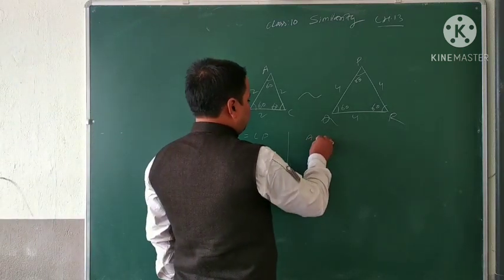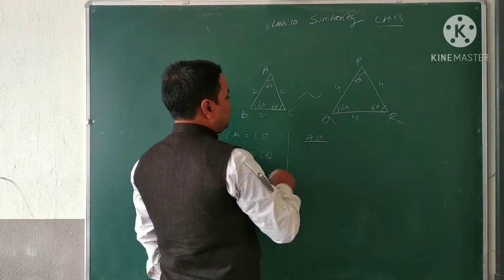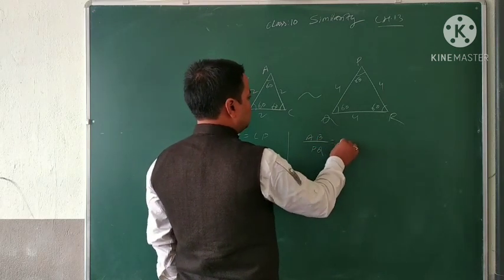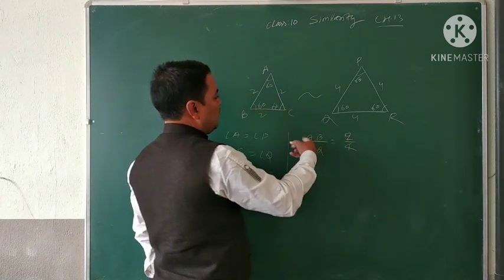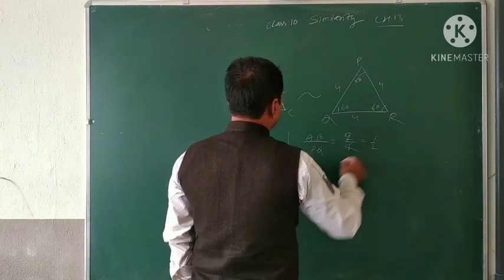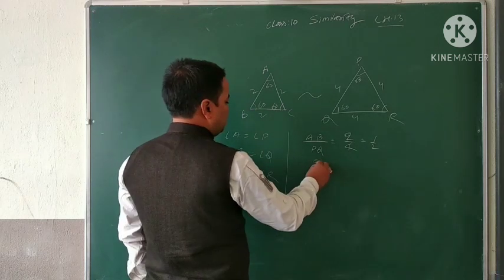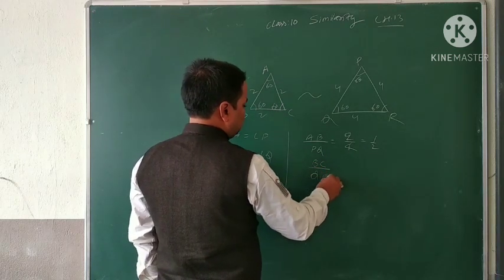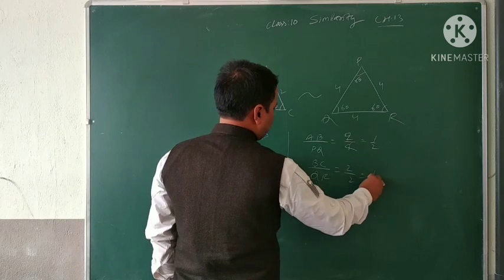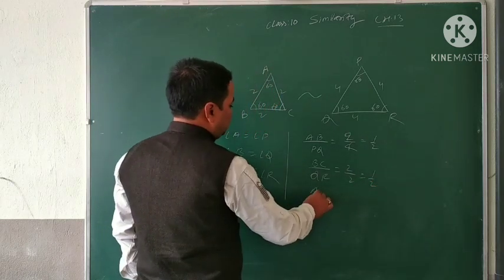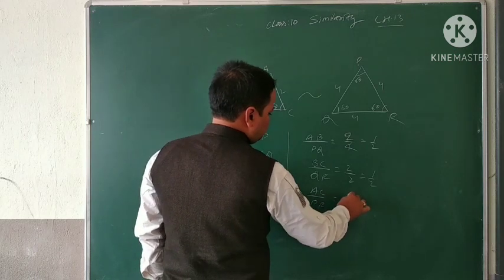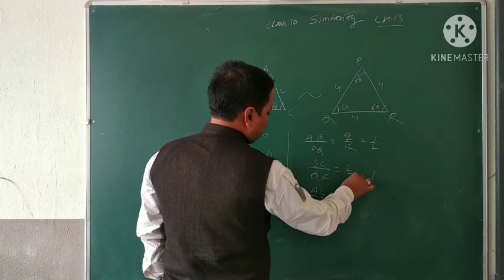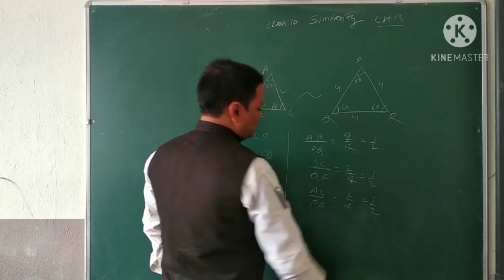Again, the ratio of the corresponding sides AB upon PQ is equal to 2 by 4, that is 1 by 2. Again, BC upon QR is also 2 by 4, equal to 1 by 2. And AC upon PR, they are also 2 by 4, equal to 1 by 2.